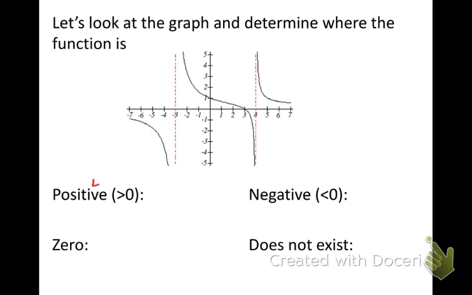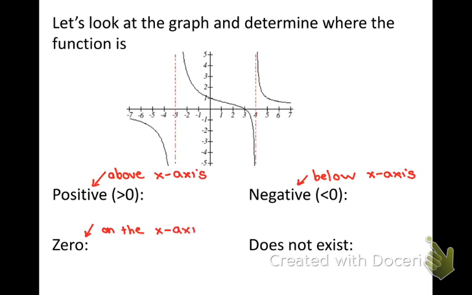If I want to find where this graph is positive, where it's greater than 0, I am looking above the x-axis. If I want to find where this graph is negative, where it's less than 0, I'm looking below the x-axis. If I want to find out where the function actually is 0, I'm looking for where it is on the x-axis. And if I want to find out where it does not exist, that's where I'm looking for those vertical asymptotes.